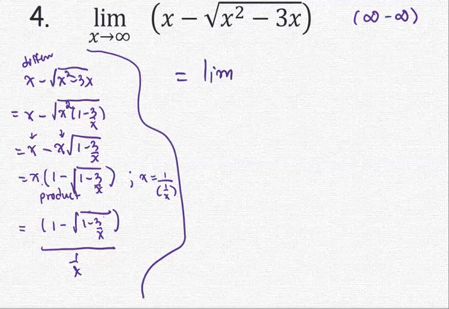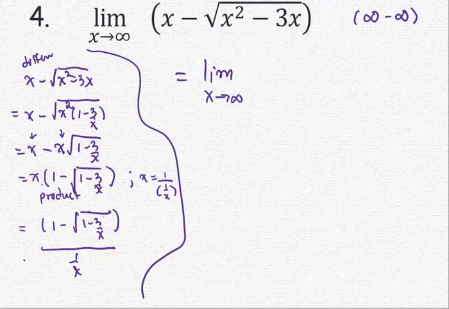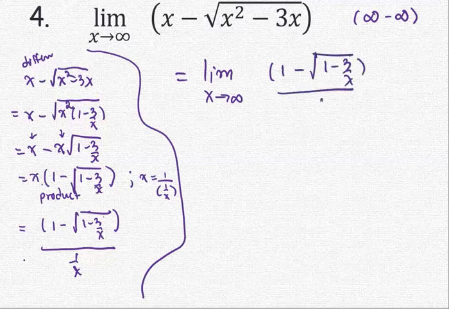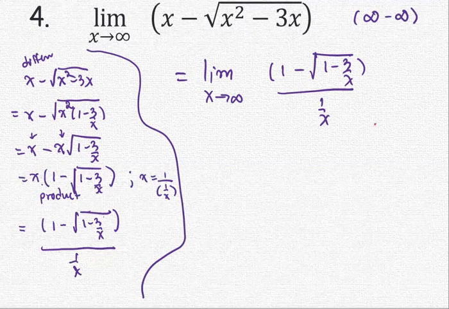So back into the main problem. Limit as x approaches infinity. The expression now is 1 minus square root of 1 minus 3 over x divided by 1 over x. For our convenience, we're going to introduce another notation. For example, let a be 1 over x.